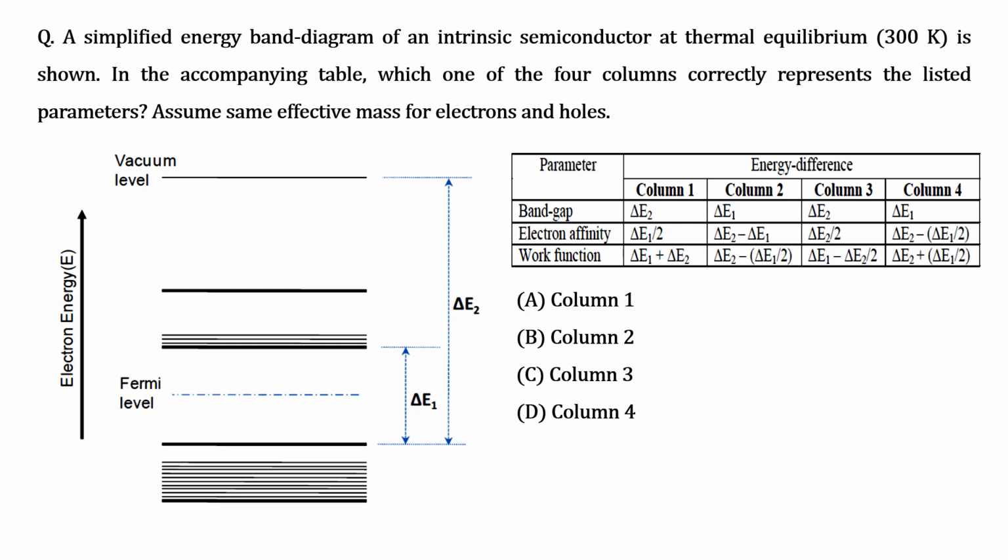Will it be column 2 or column 4? I want you to check again. You mentioned it's column 4, right? So electron affinity and work function, what would be the difference in that case? Yeah, it may be column 2 now.